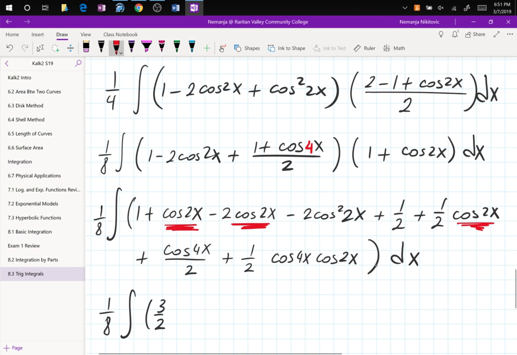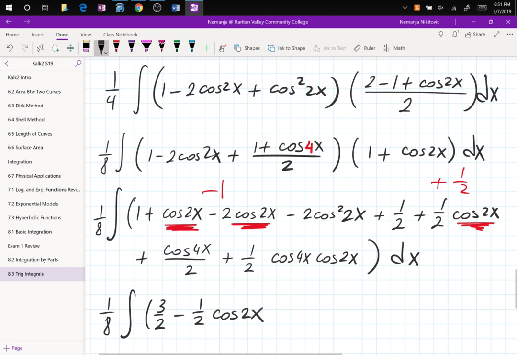So 1 minus 2 is negative 1, plus 1/2 is negative 1/2. Negative 1/2 cosine 2x. So that's that. The next term is cosine squared 2x, and it's the only one of the kind, so we just get to copy that one.